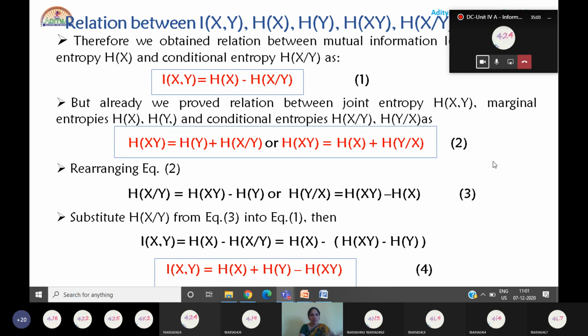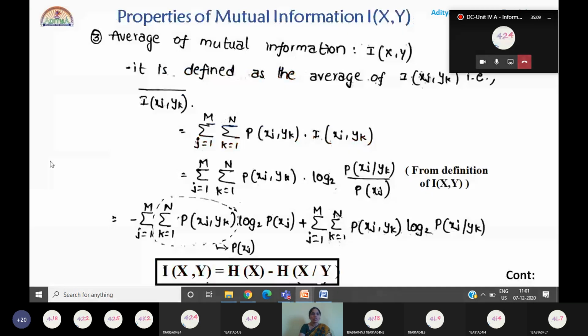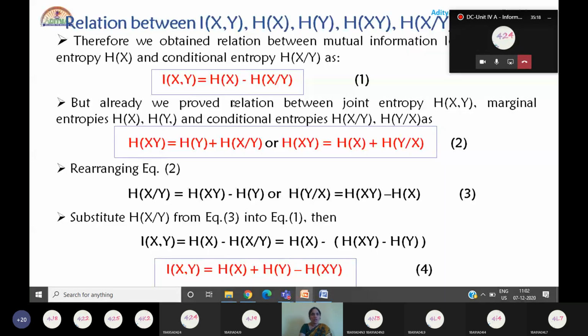So start with the average of mutual information definition and prove from there up to here. First you prove this and then you can directly represent the relations between the entropies. So if you want to prove I of xy as H of x plus H of y minus H of xy, there is no need to prove the second relation, but you should start from the third property.